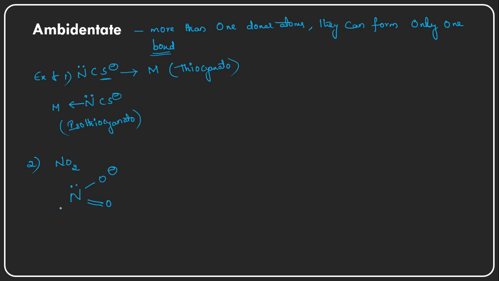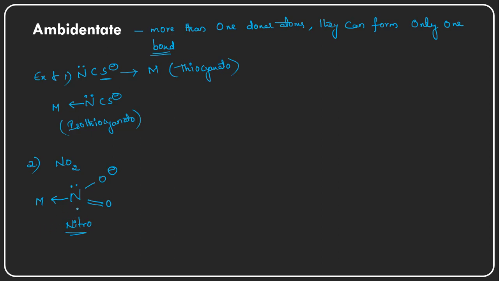If the nitrogen donates its pair of electrons to the central metal cation and forms a bond, it is called a nitro compound, in which the nitrogen atom is the donor atom. These are nitro complexes.